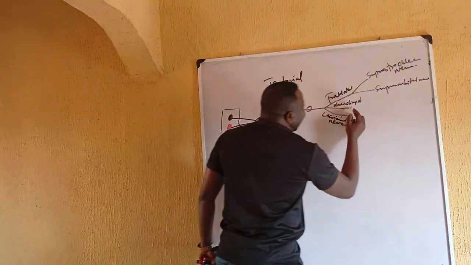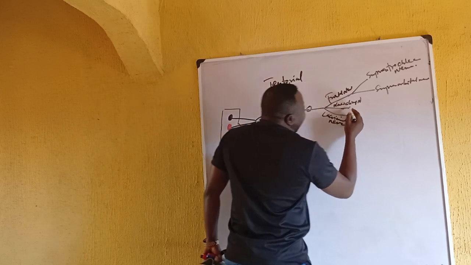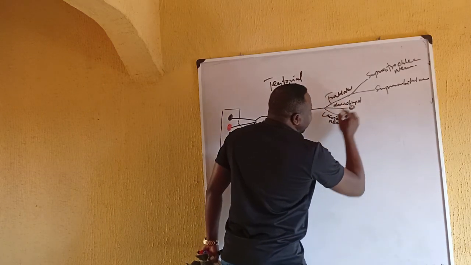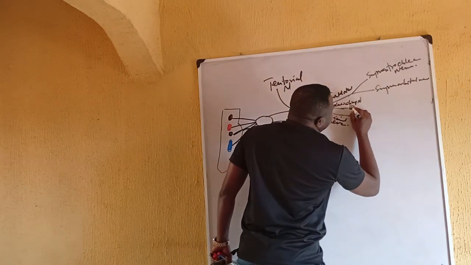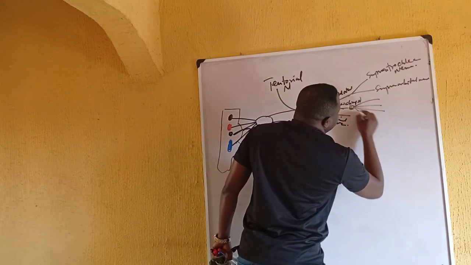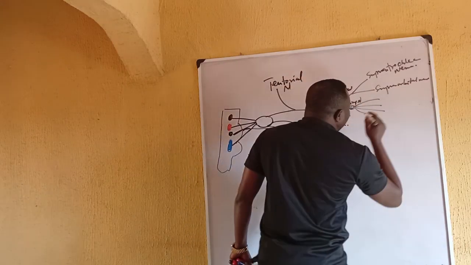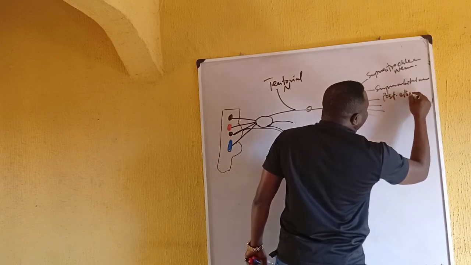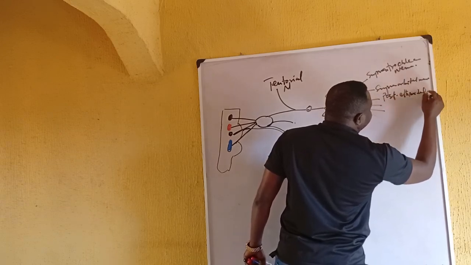The nasociliary nerve passes through what is called the common tendon ring and divides into four branches. The first one is known as the posterior ethmoidal nerve.